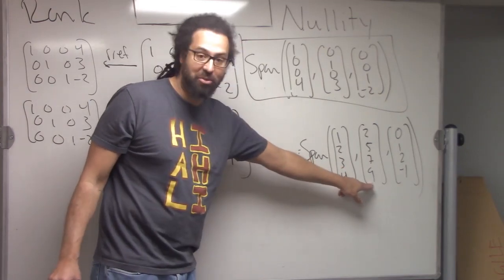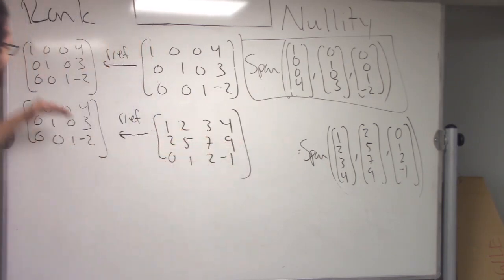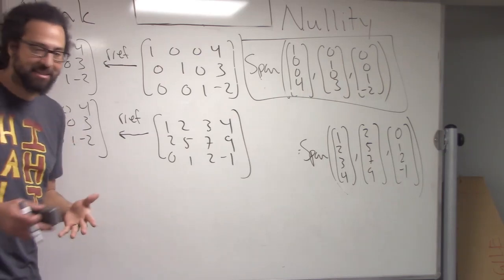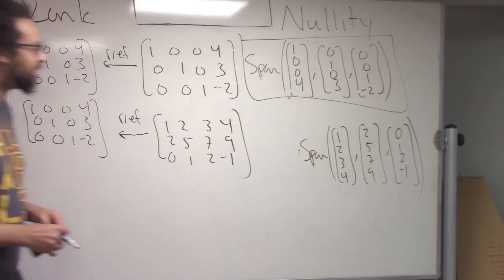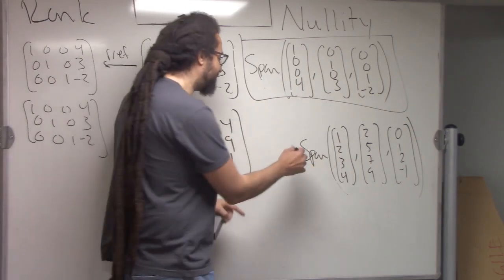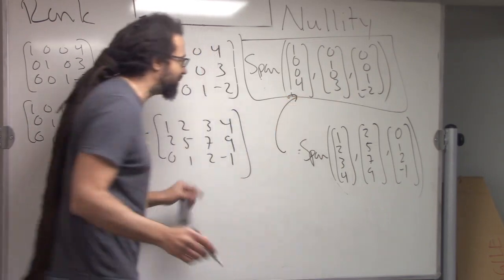These are the rows. So these two spanning sets both have the same row space. They've got this common basis that you can find using the row space. So that means this spanning set, because it's got the same row space, must be equal to this spanning set. So that'll do it.